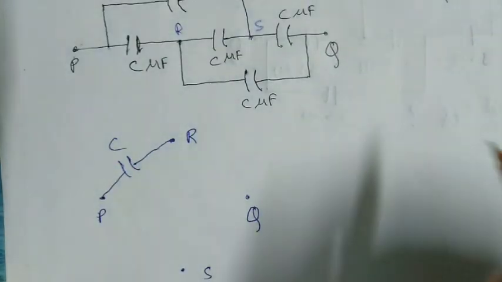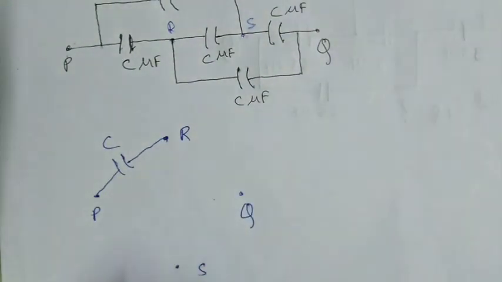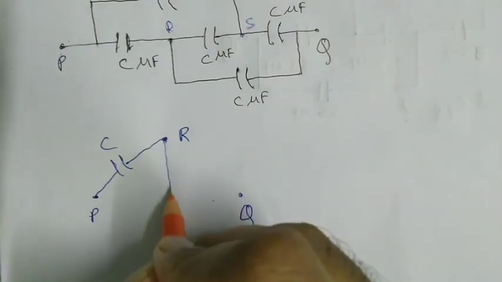Now, between R and S, there is one capacitance.